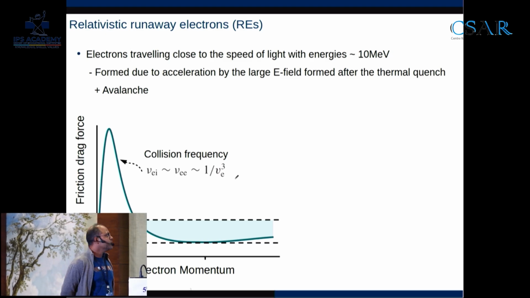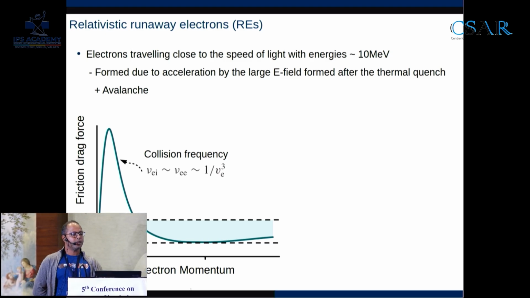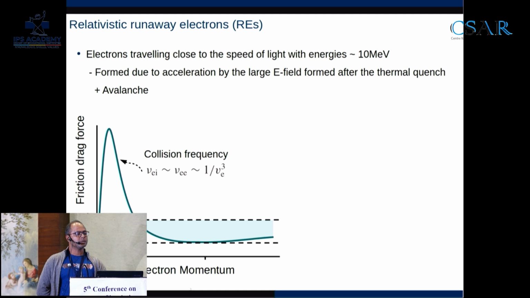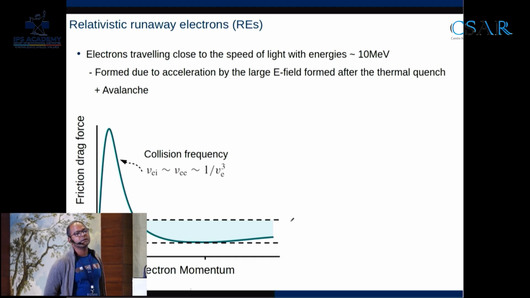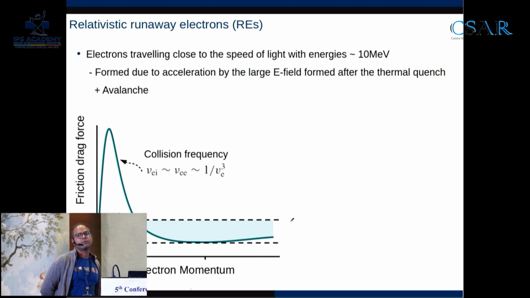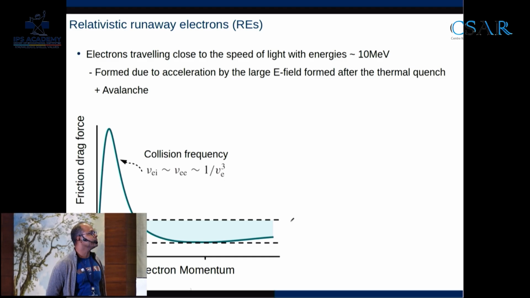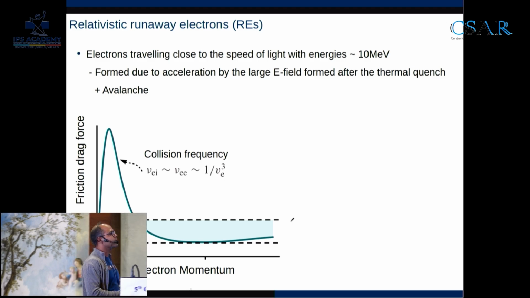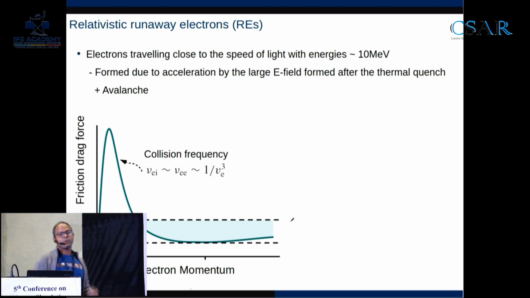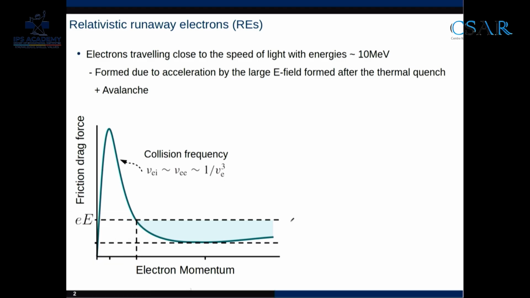So for a given electric field on an electron, if the drag force is smaller than the force due to the electric field, then those electrons that are faster or have a certain minimum momentum will always keep on accelerating. That means the more they accelerate, the less frictional force they face, and they will keep on accelerating to relativistic energies. Such electrons are known as relativistic electrons or runaway electrons.